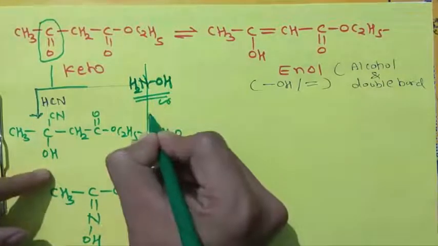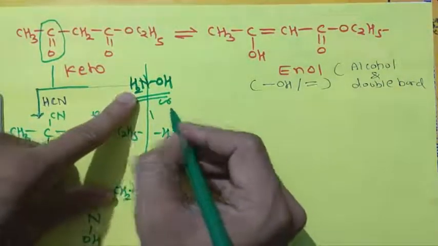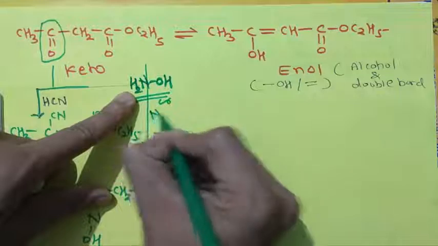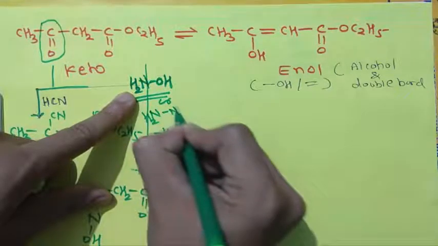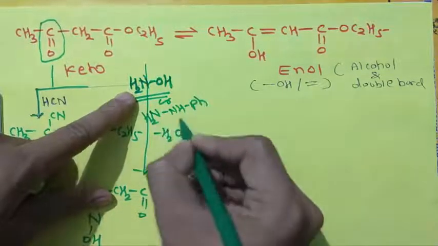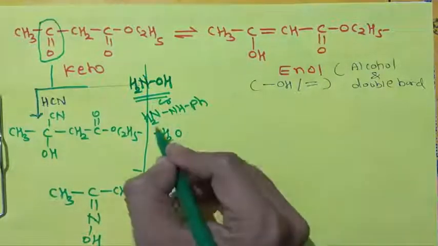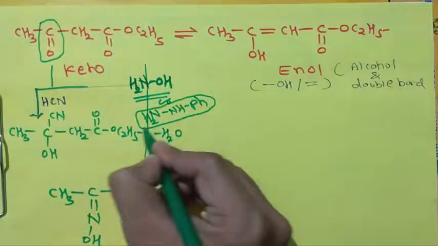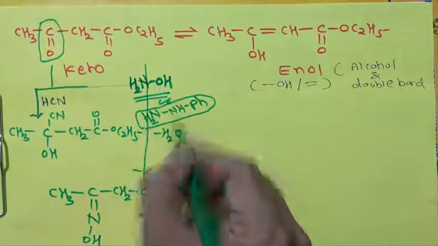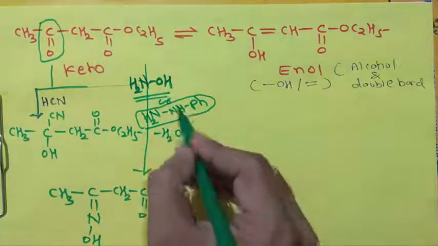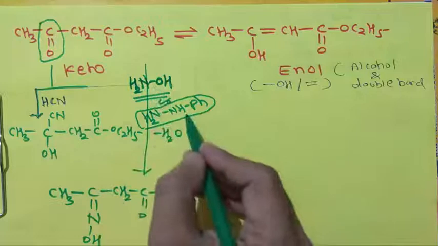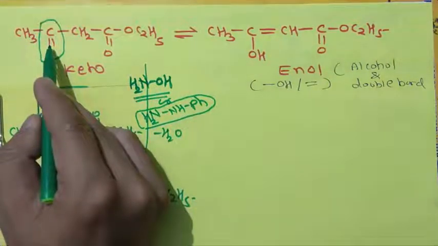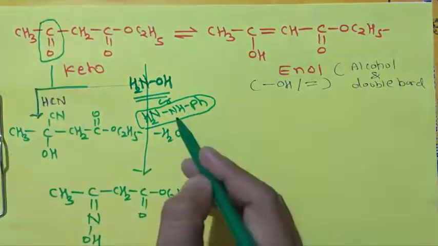Or, when it is not available in the lab, we can also take phenylhydrazine. This or this, we can take both. The same reaction occurs here. Phenylhydrazine or NH2OH is the special test for the carbonyl groups.